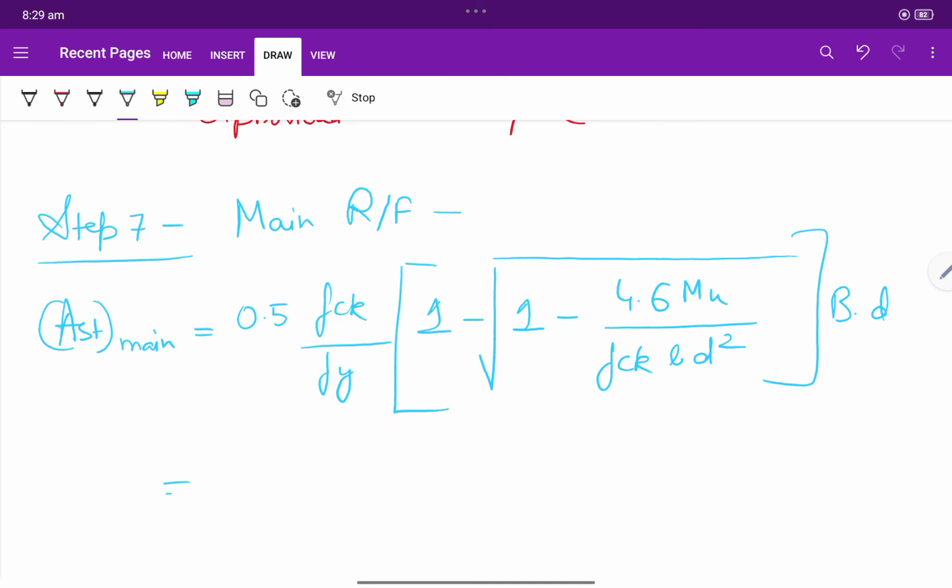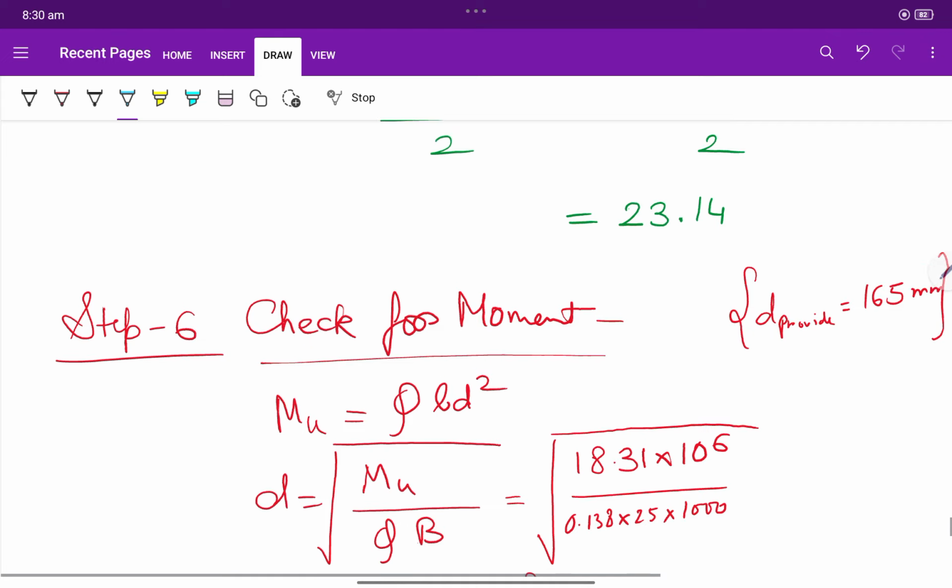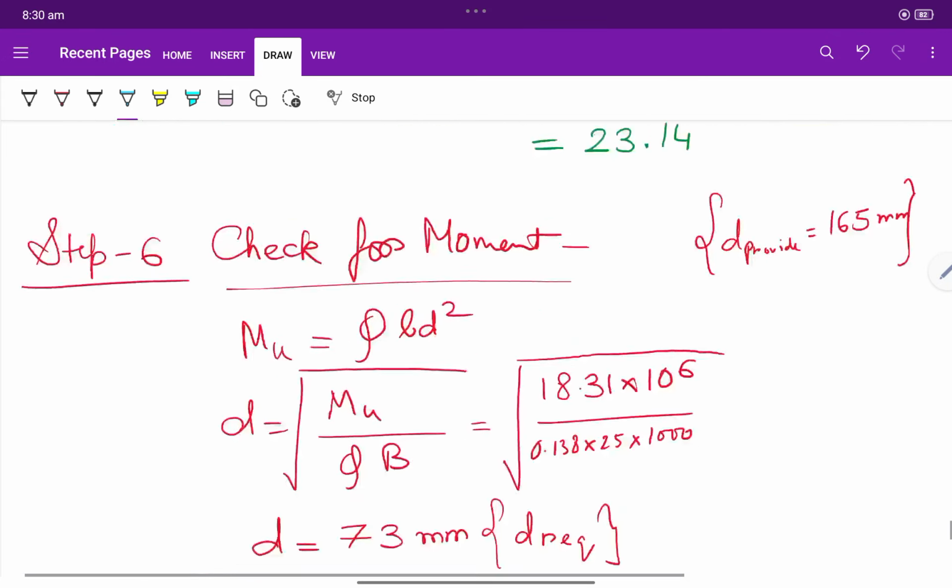Okay, just put the values. fck is 25, fy is 415 bracket 1 minus root over 1 minus 4.6 Mu is 18.31 into, let's check once, 18.31.